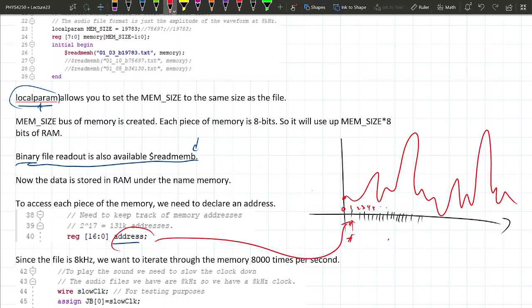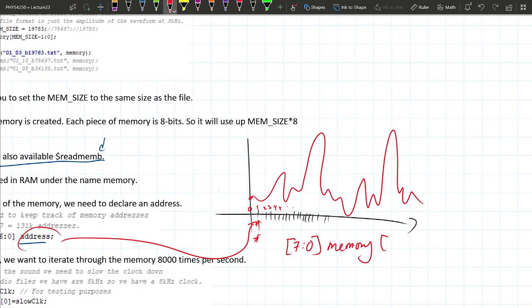So remember memory is this 7:0 memory, and let's say for now it's 19783, so 19782, because it's minus 1, colon 0. So this 0 here corresponds to this bank.